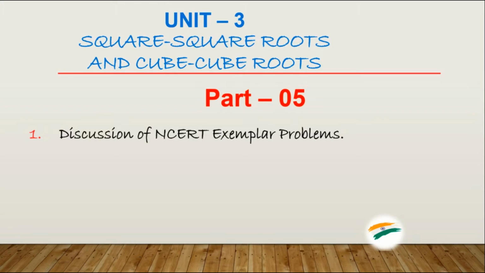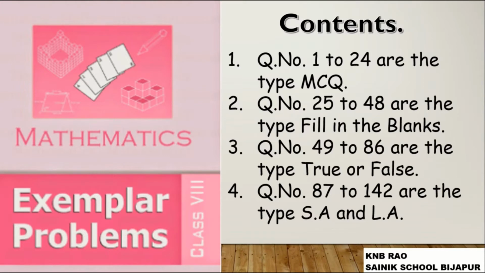Students, we have already solved MCQ type questions, fill in the blank type questions and true or false type questions, which are from 1 to 86, and even we solved some of the short answer type questions in our previous sessions. So we did up to question number 97.